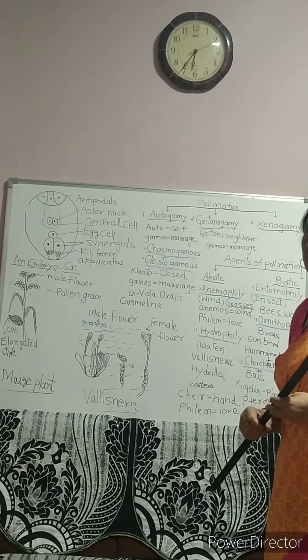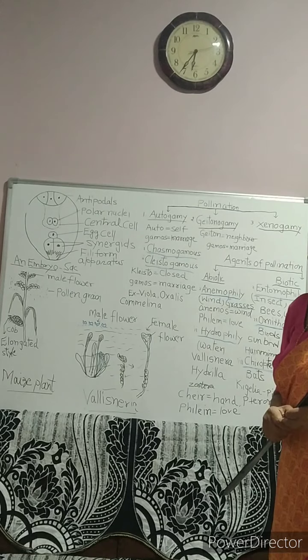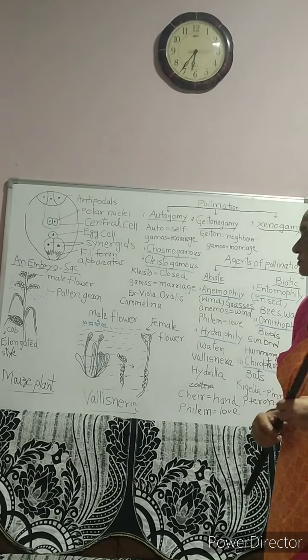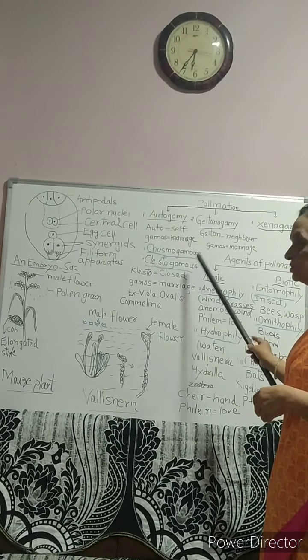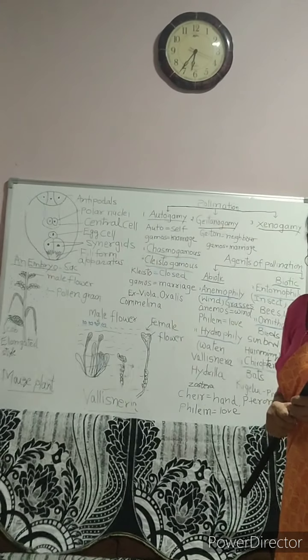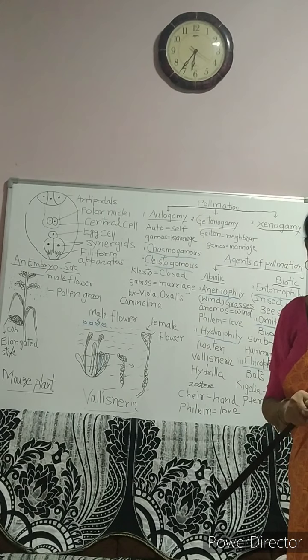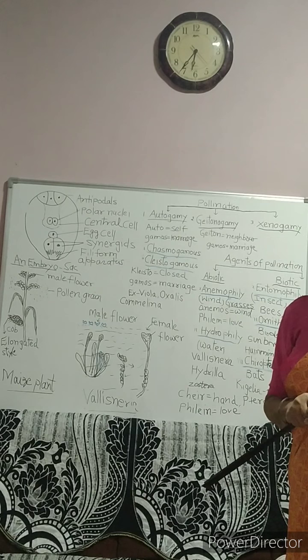Chasmogamous flowers are pollinated like other aerial flowers, but cleistogamous flowers remain in bud condition underground.